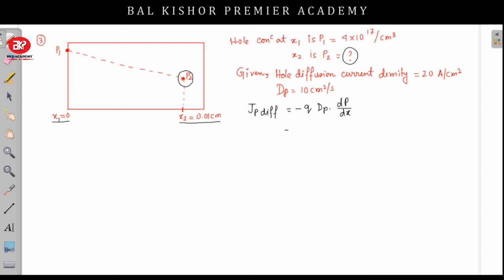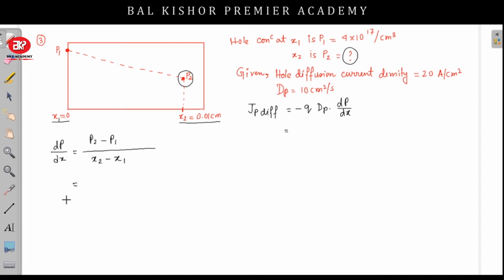Now we know the value of q, we know the value of Dp, and we have to find the value of dp by dx. So let us find the value of dp by dx. So dp by dx will be nothing but p2 minus p1 divided by x2 minus x1.